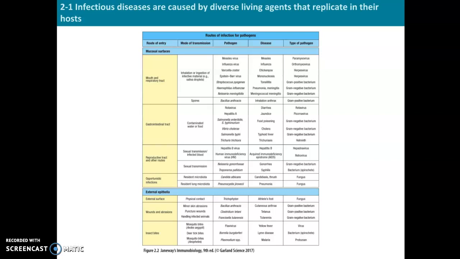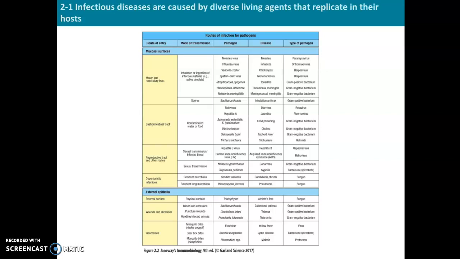We could also have gut infections. So the gastrointestinal tract or the alimentary canal can be attacked by rotavirus or hepatitis viruses, bacterias such as the gram-negative bacterias like Salmonella and Vibrio cholerae.